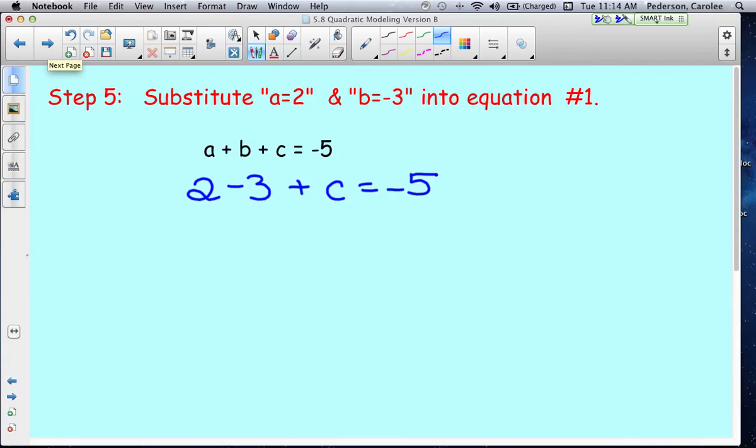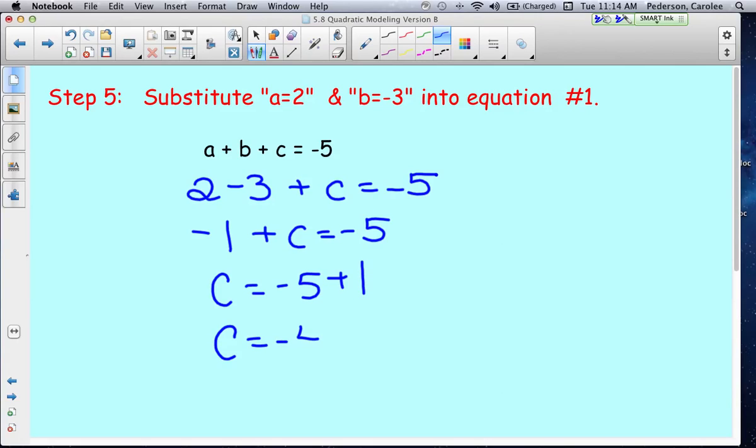So 2 minus 3 is negative 1. Then we're going to add 1. And then c equals negative 4.